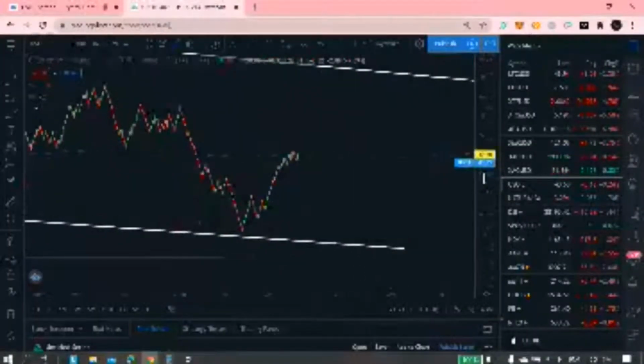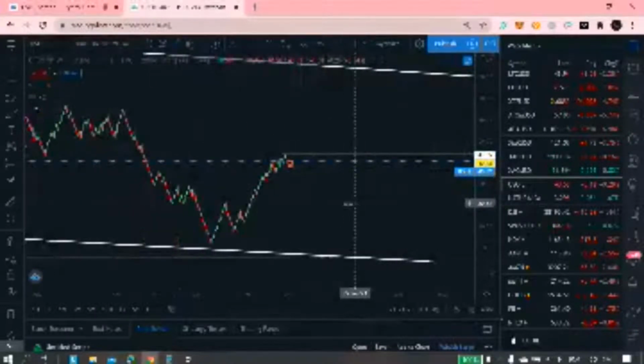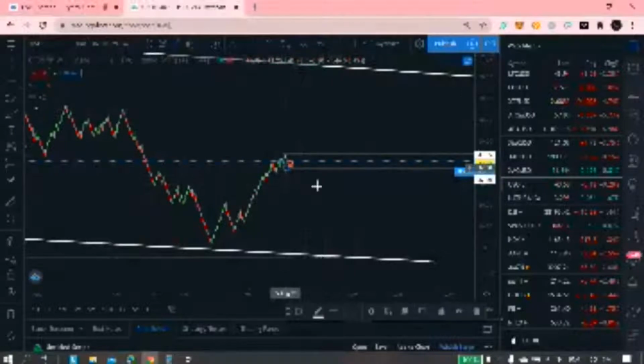So since it's in the middle of this downtrend channel, it seems like it will try to retest this previous high. Let's see if it breaks this area around the 43 area, and of course this area around the 37 area.